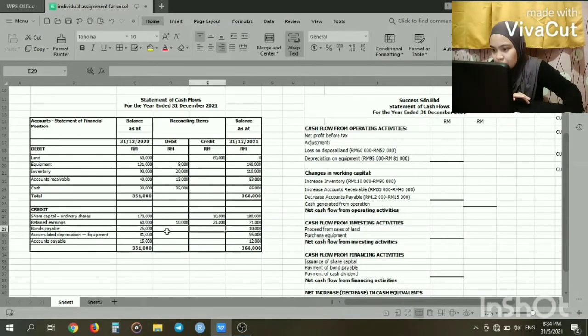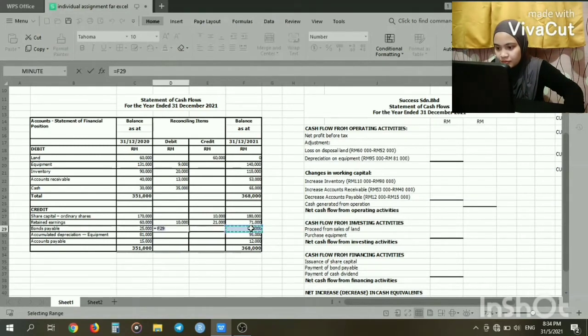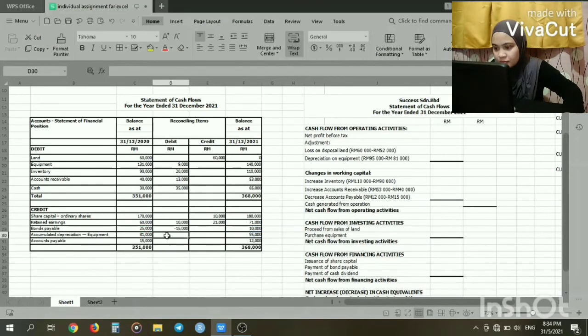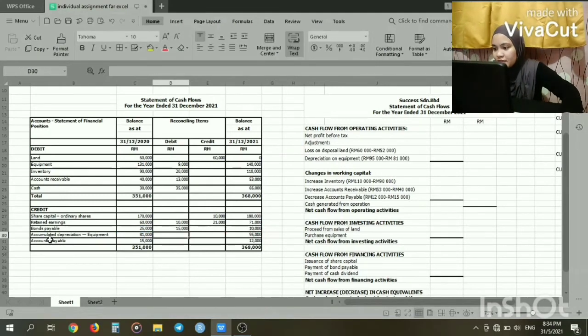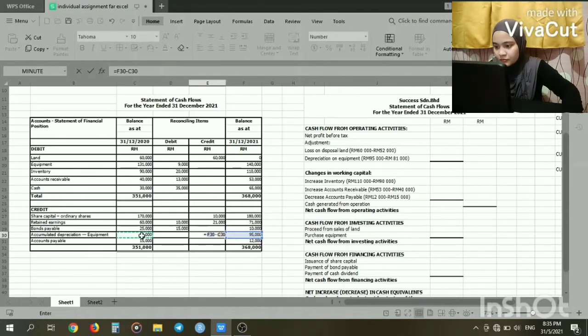For bonds payable, we need to put the amount at the debit side, and the same goes with accumulated depreciation on equipment at the credit side. For accounts payable, at the debit side.